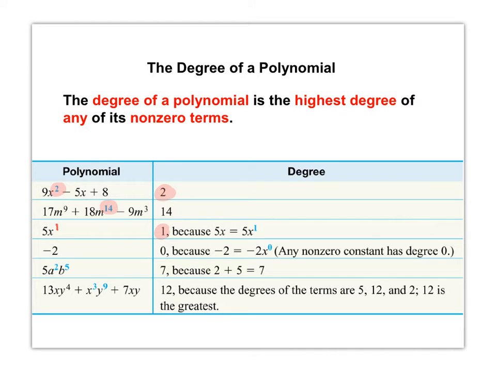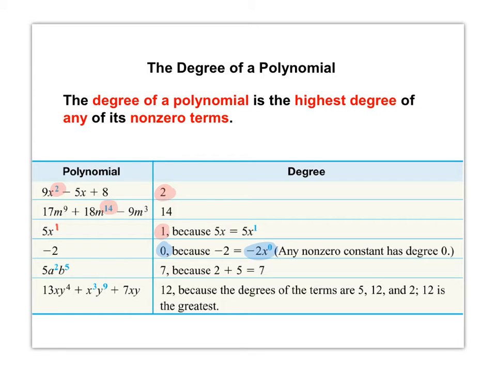The next example, negative 2, has a degree of 0. And the reason why is that negative 2 can be written as negative 2x to the 0 power. So remember, the degree is the highest degree of its non-zero terms, the highest exponent of the variable term.